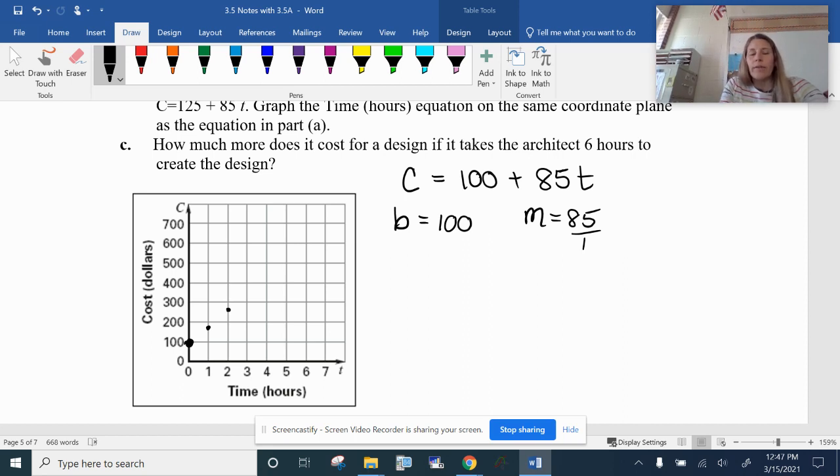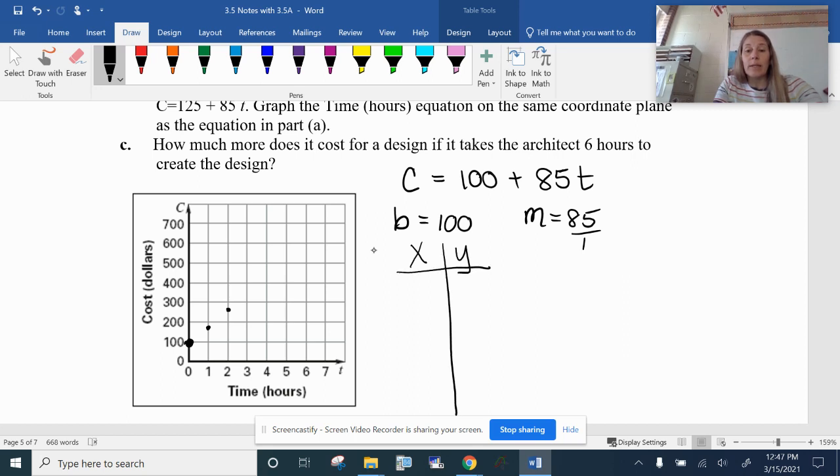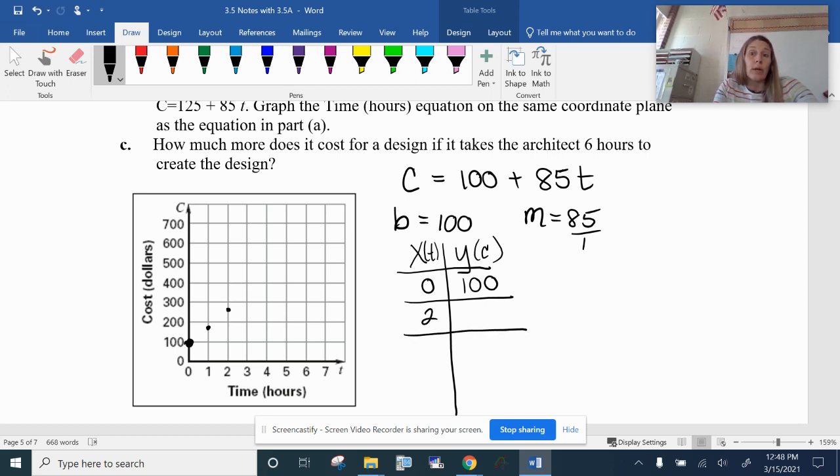However, whenever the graph is going by such large increments, this is where I like to go back to my table of values. In this case, my x is represented by this t, and the y is going to be the c value, right? Now, we already know that 0, 100 is our y-intercept. But let's say I want to put in 2: 85 times 2 plus 100 would be 270.